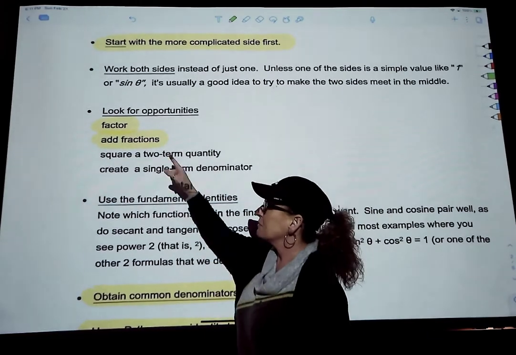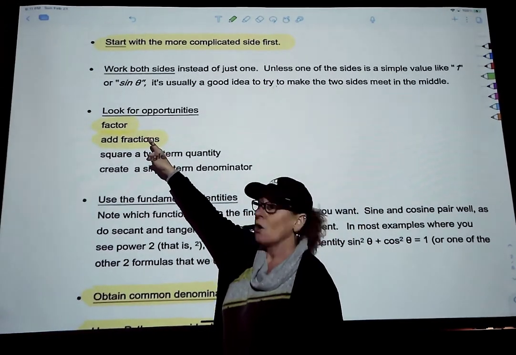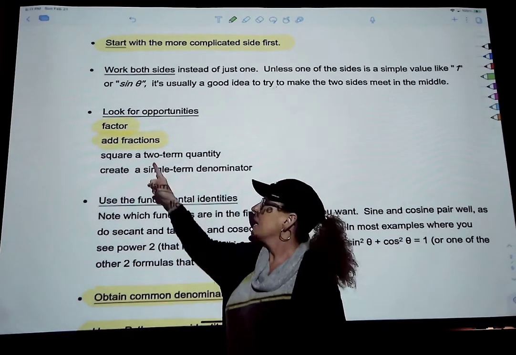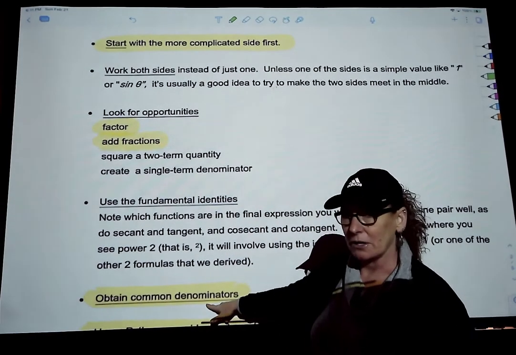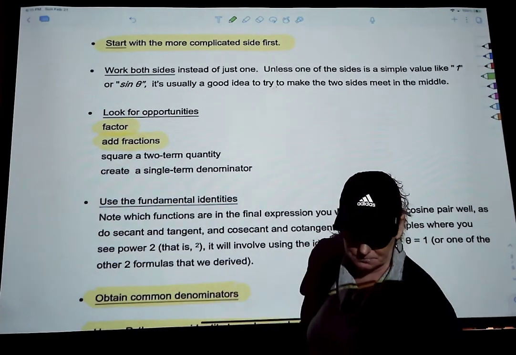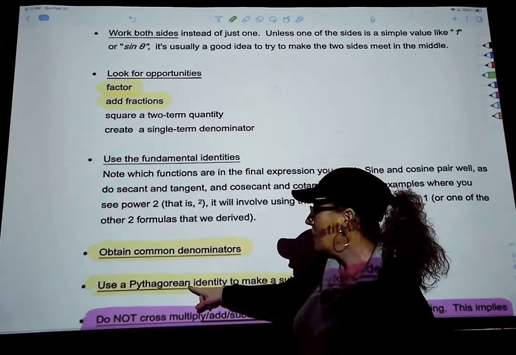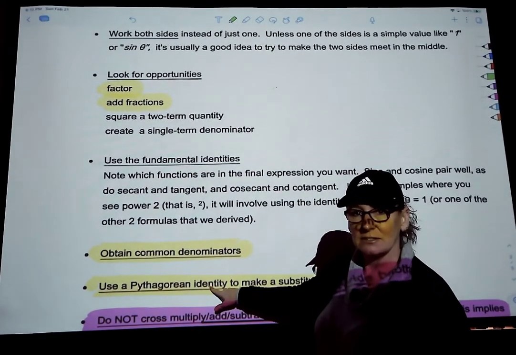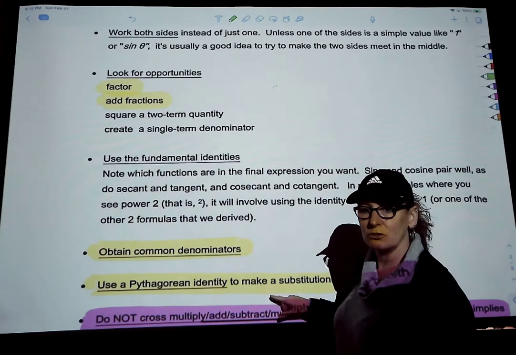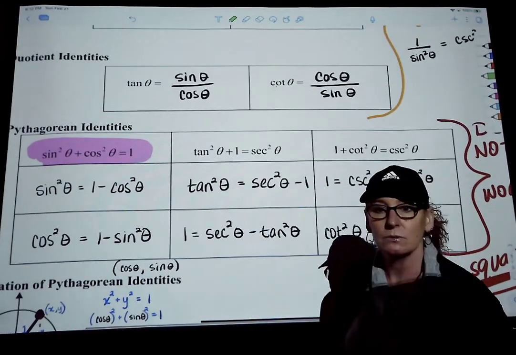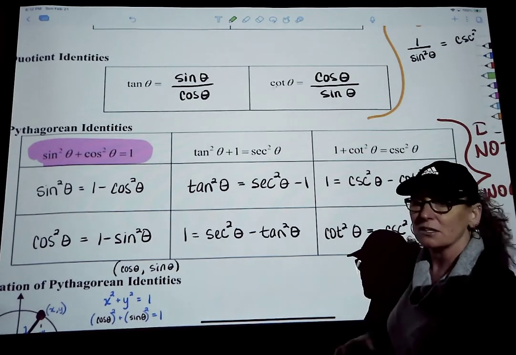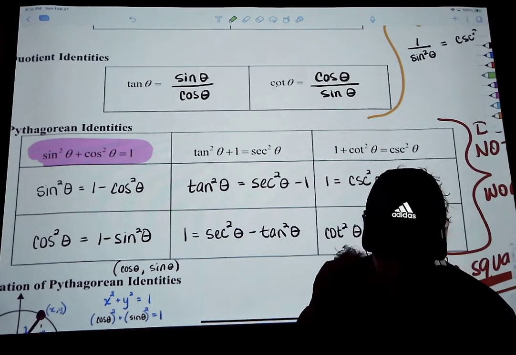We might have to factor. We might have to add fractions. If we add fractions, you might have to get a common denominator. We might use a Pythagorean identity to make a substitution. What's a Pythagorean identity? It's those. We might make a substitution. How can we substitute?